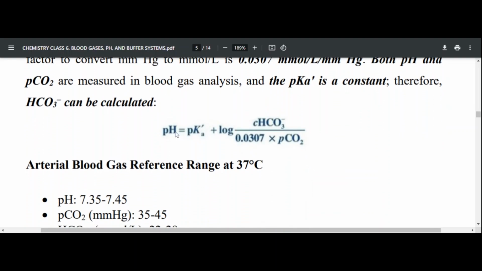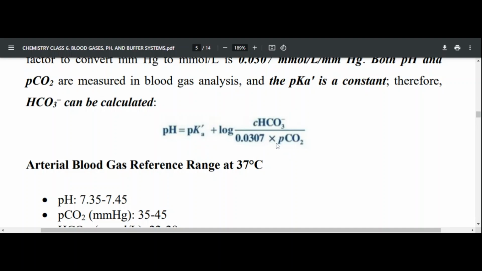So let's look at the Henderson-Hasselbalch equation. That's how it looks. pH is equal to the pKa plus the logarithm of the concentration of bicarbonate over 0.037 times the partial pressure of carbon dioxide. Because we have said that the partial pressure of carbon dioxide is proportional to the concentration of acid, we don't put acid as a denominator.